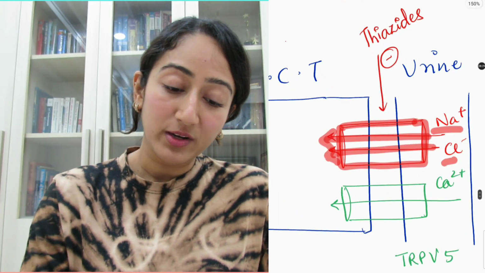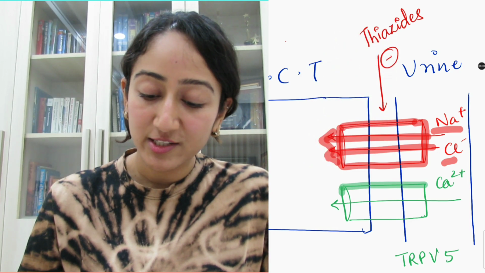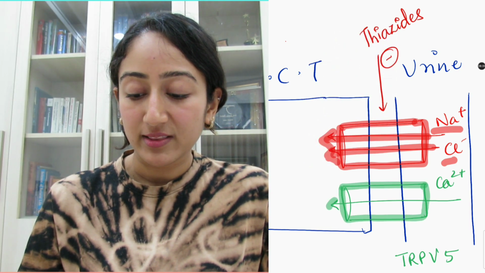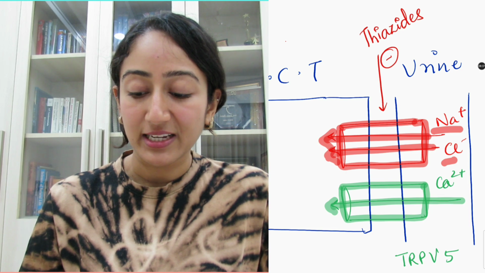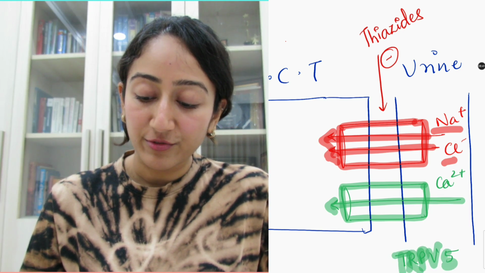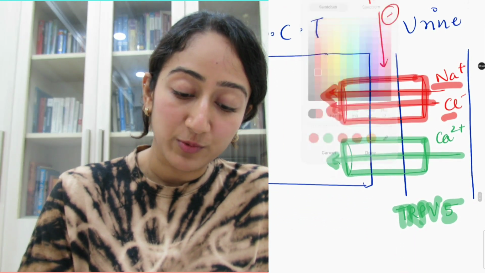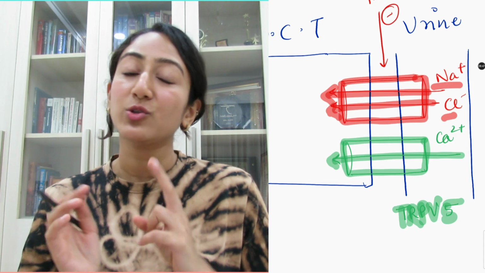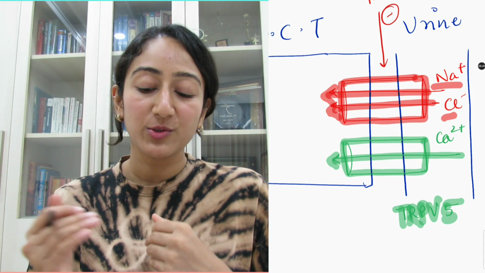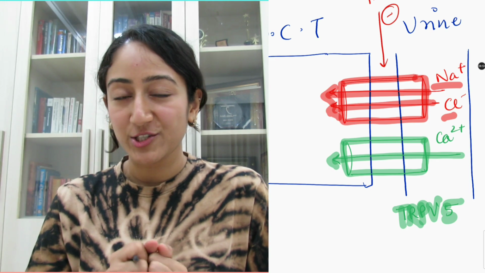Right, and now we have one more channel here which is very important, and that is your calcium channel. This channel reabsorbs the calcium, and this is called your TRPV5 channel. And since it is responsible for reabsorption of calcium, can you guess two hormones which might act on this channel to upregulate it and cause reabsorption of calcium?